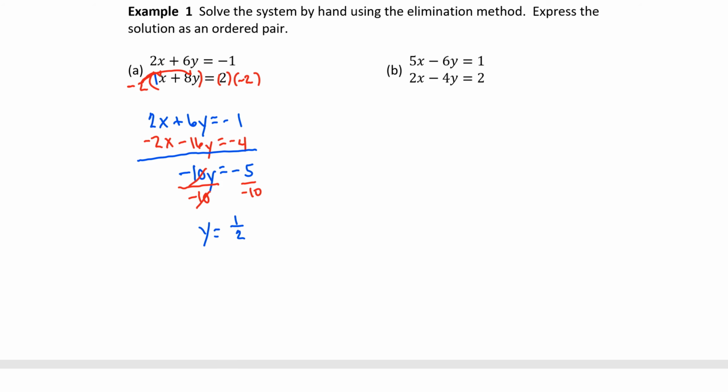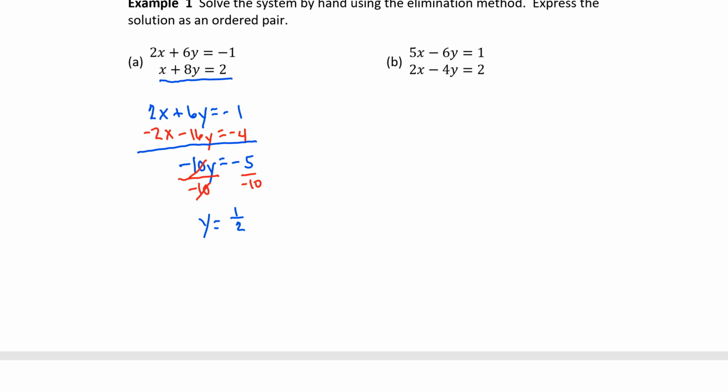So I'm halfway there. I need to find the corresponding x value. This is where we use that process called back substitution. And all that means is I'm going to go back to one of my original equations, plug in 1/2 for y, and then solve for x. Now, let me erase some of my work up here so I can see that original equation 2 clearly. I can use either one of those equations to solve for x, but I want to choose the easiest one to work with.